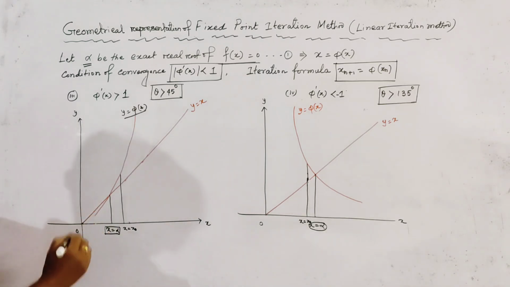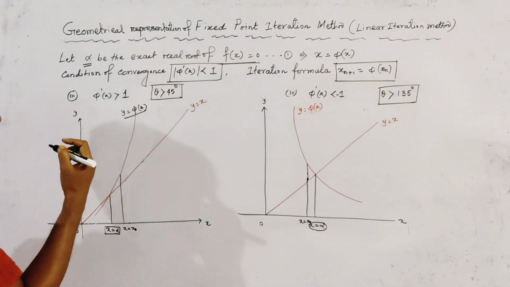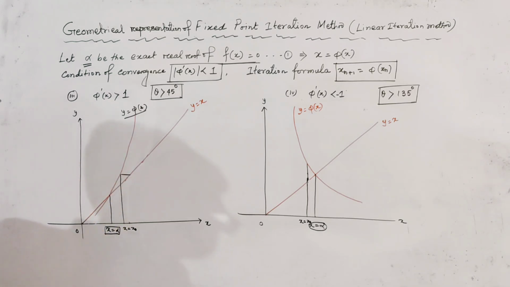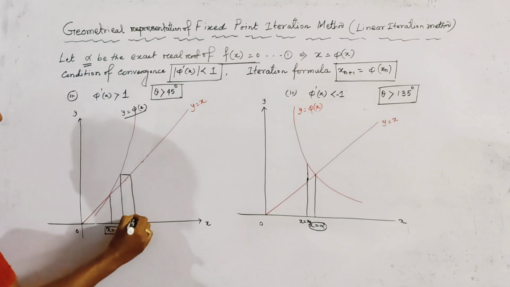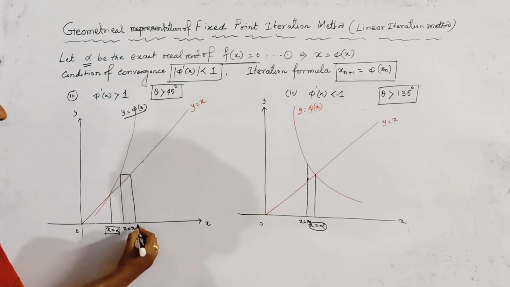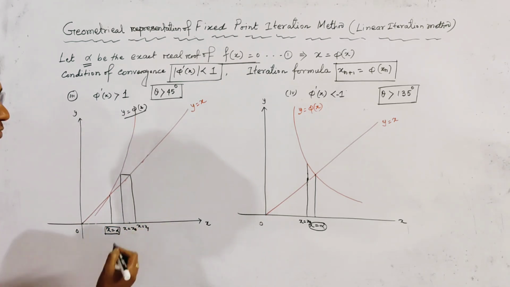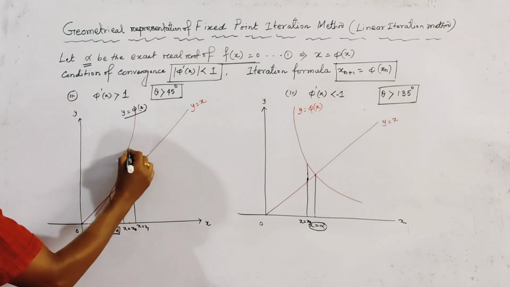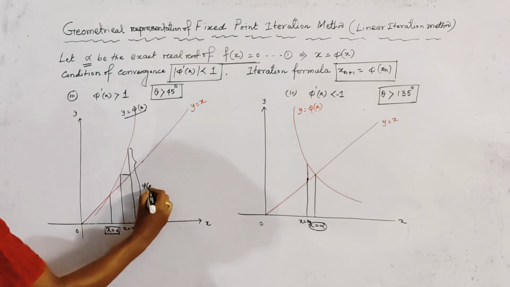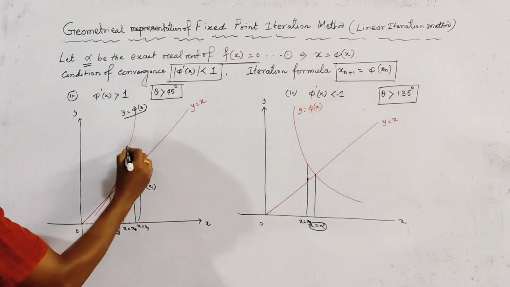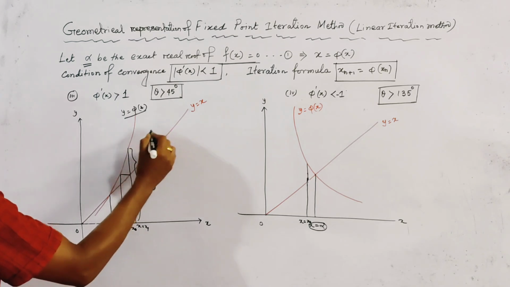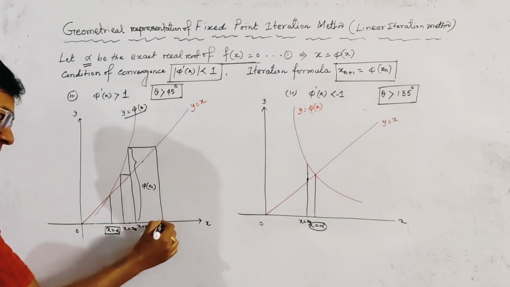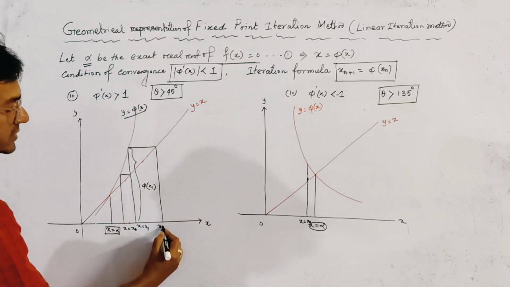Now the first approximation, as in the previous case, we first draw the perpendicular on the line y equal to x, then draw the perpendicular on the x-axis, and this gives x equal to x1, and the height is given by phi of x1.